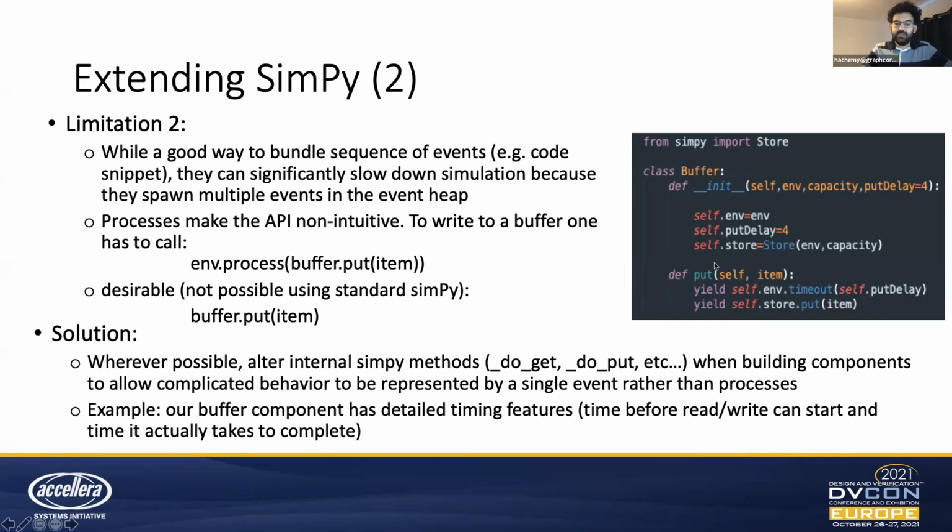This is not possible using native SimPy. You have to extend the core components of SimPy, and this is what we've done. And this really makes the API much more intuitive.